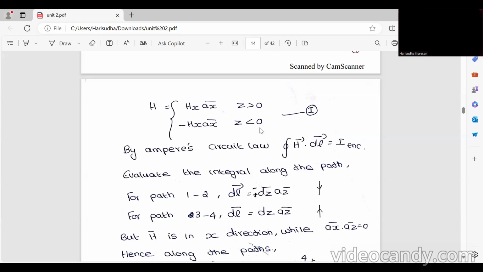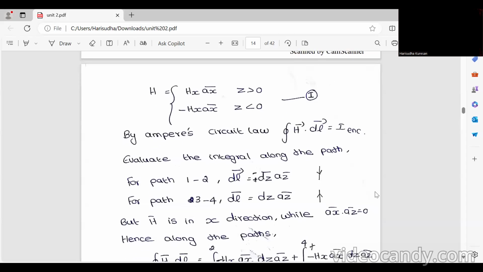Also, H on one side of the sheet will be negative of the other side. So H for an infinite current sheet will be H into Ax unit vector for Z greater than 0 and minus H into Ax unit vector for Z less than 0.